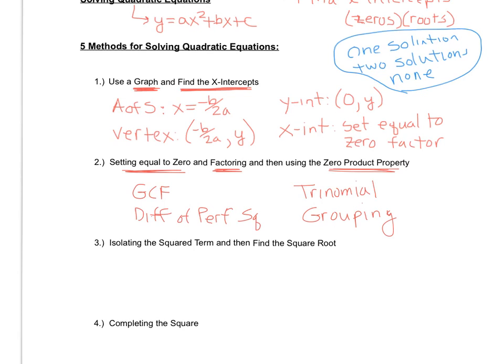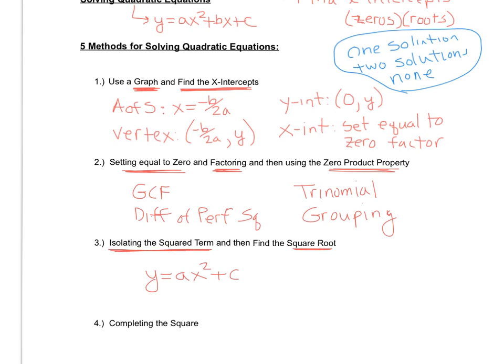The latest method we just learned was the square root method. What you do is isolate the squared term first, and then you take the square root. This method only works when it's in this form, y equals ax squared plus c.